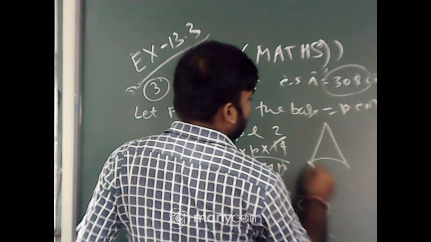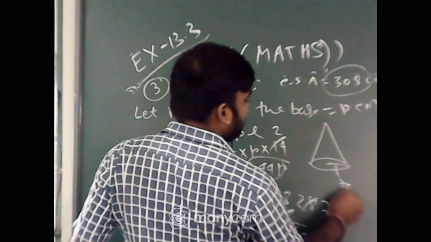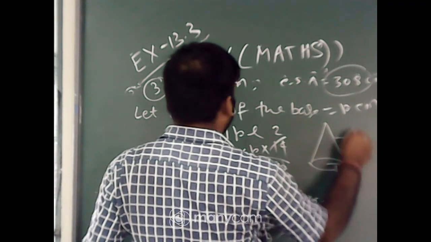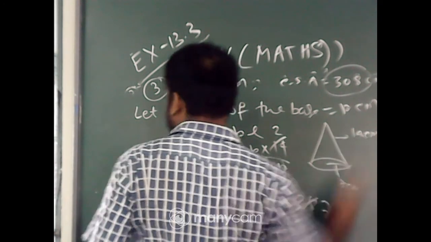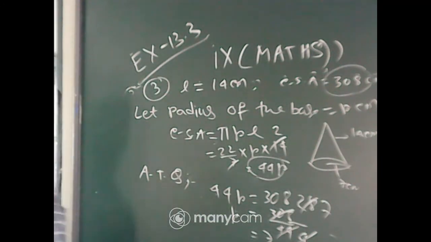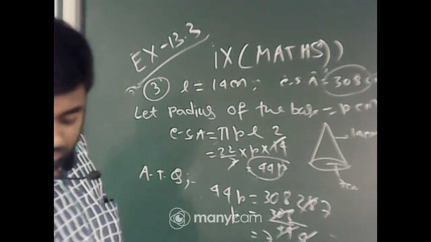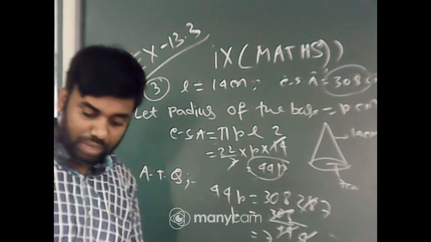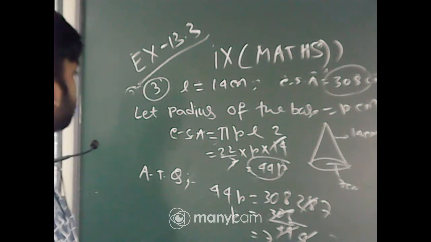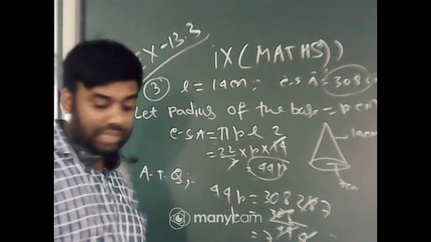It means the radius is 7 centimeter, and slant height is given as 14 centimeter. Next we have to find the total surface area.